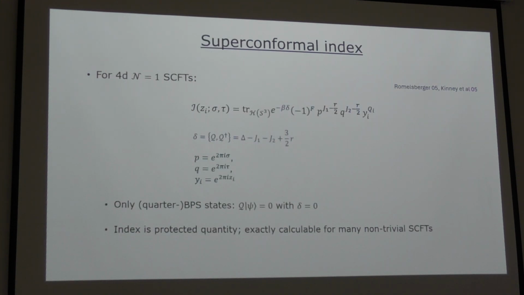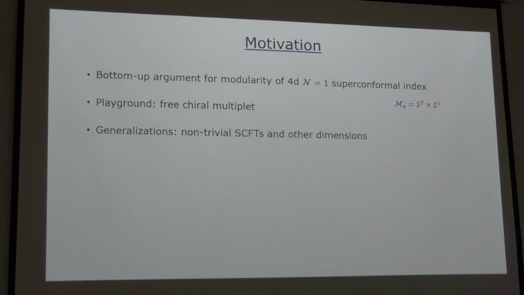Okay, so maybe before I continue, let me check if there are any questions about the general motivation. There are 2 types of modularity we spoke about. There's the one that Edgar and others describe, which has no acyclic variability. Yeah, that's the thermal effective action.